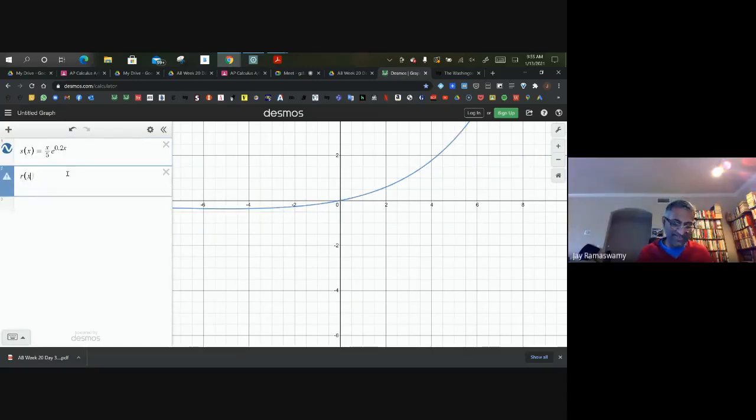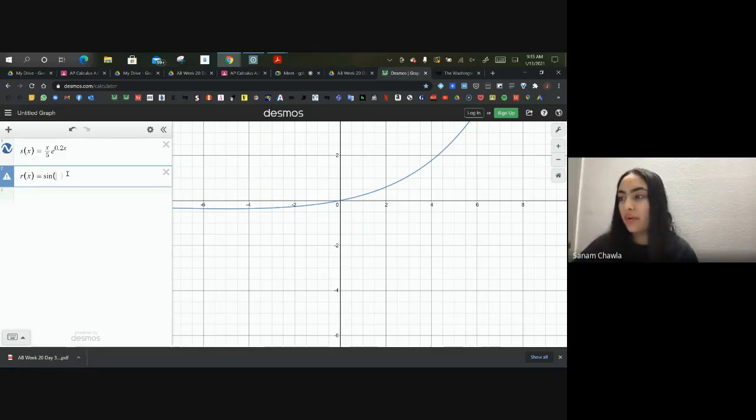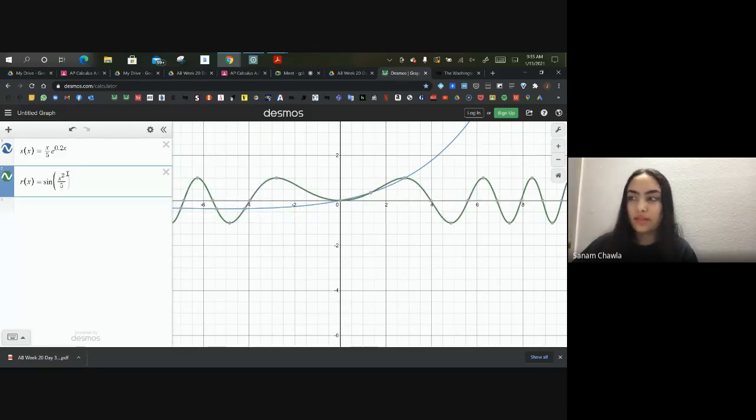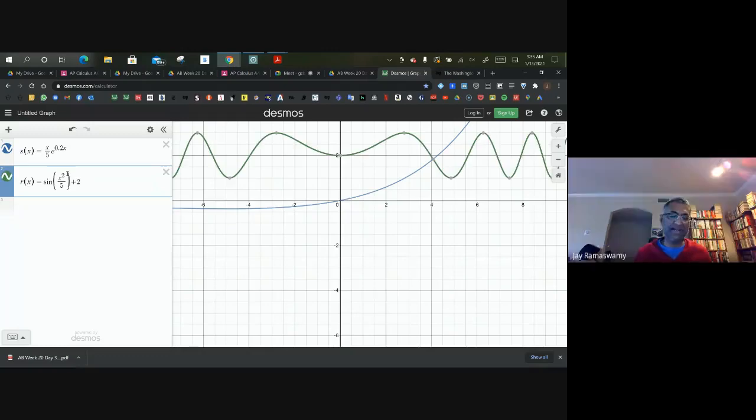R of x was given to me: sine of, in parentheses, x squared divided by 5, plus 2 on the outside. Everybody okay there?